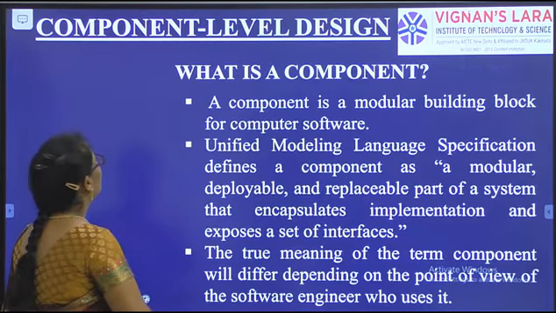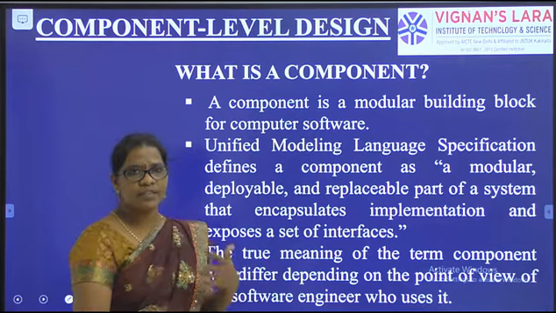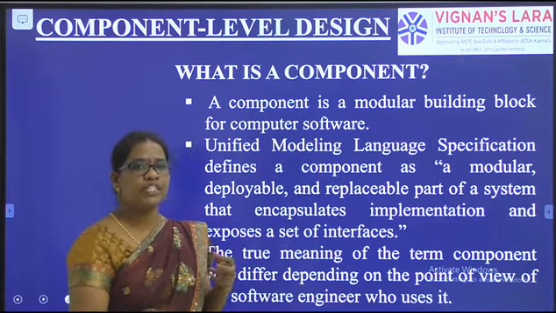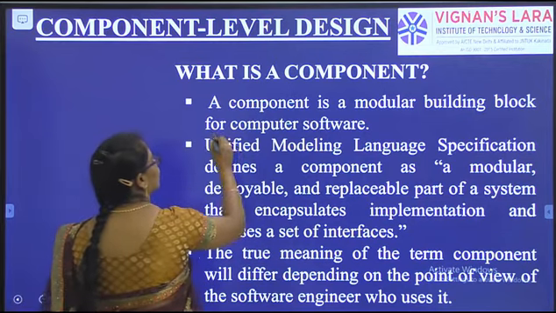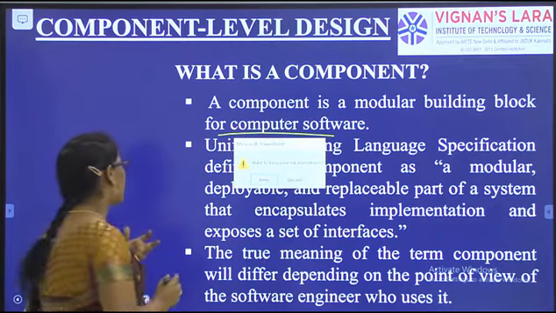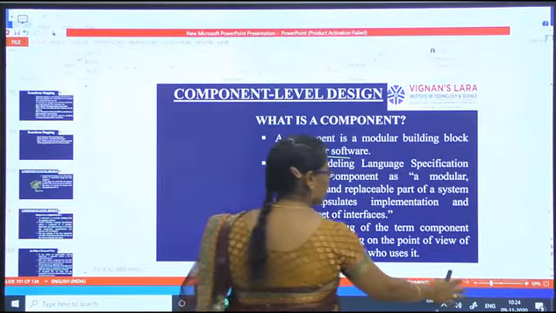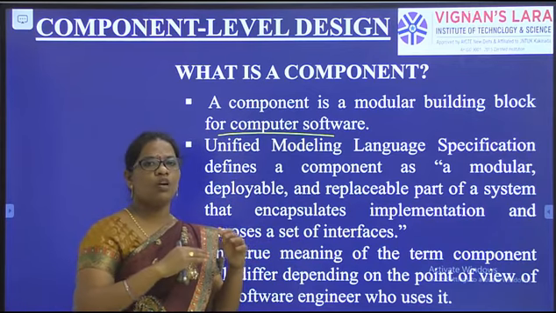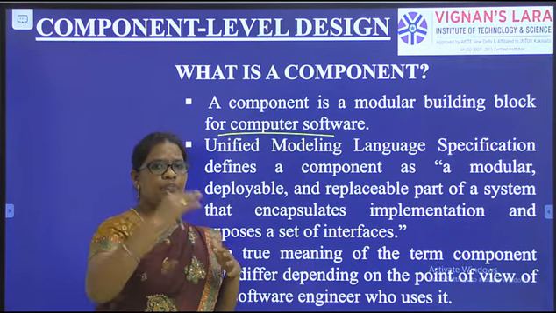So what is a component? Let's think about the definition of a component. A component is a modular building block for computer software. In order to build a house, think of how the bricks, cement bricks or normal bricks, are arranged to build the building.